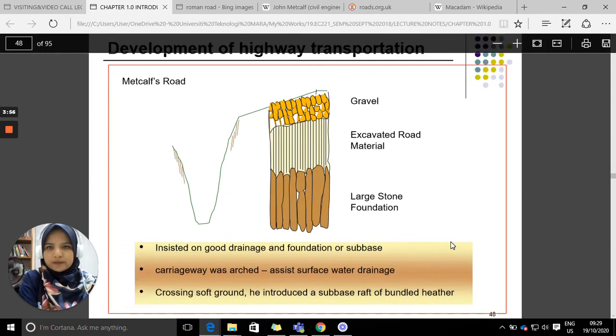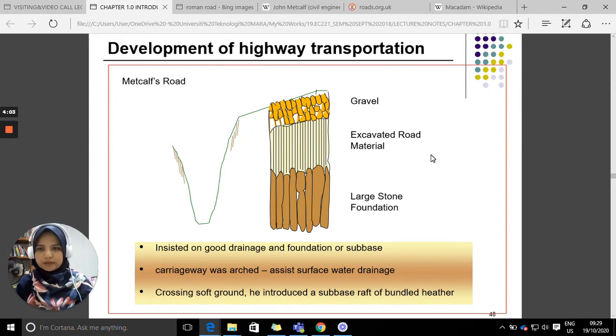Then the second one is the Metcalfe Road. If you look at the structural layer, you can see the drawing of the cross section of the Metcalfe Road. There is a slight bend in the road layer.